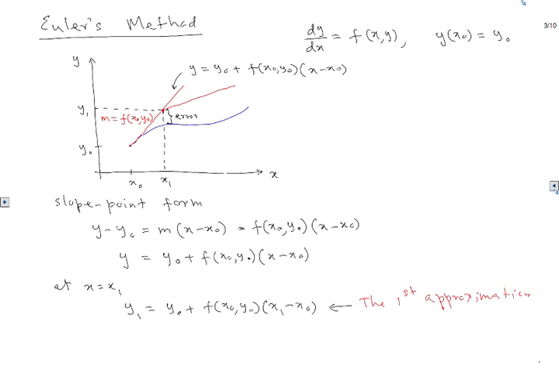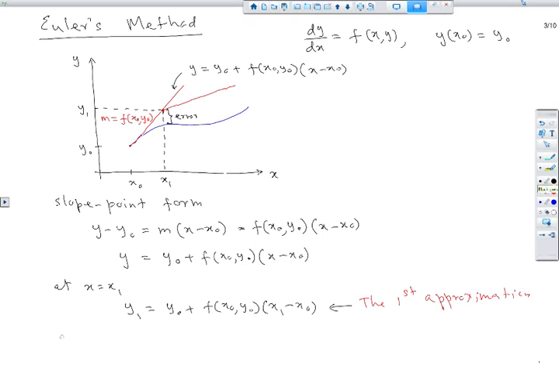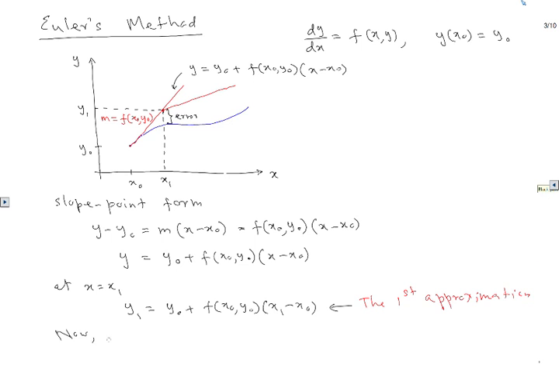Okay, so now we use (x1, y1) as the starting point and do it again.